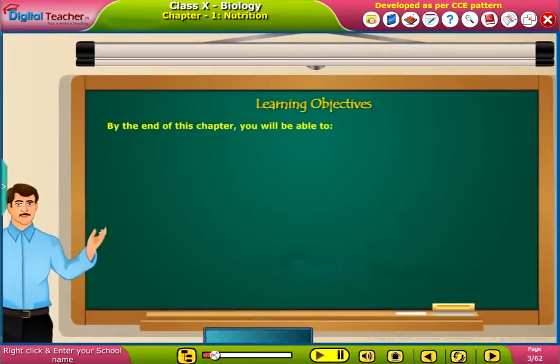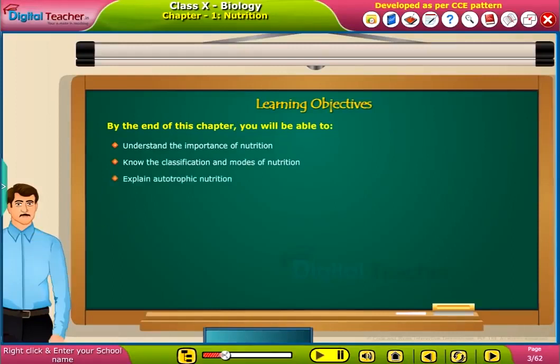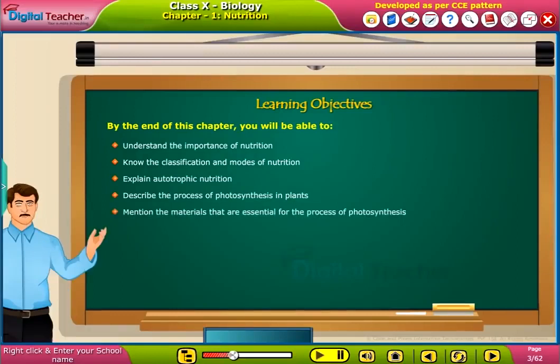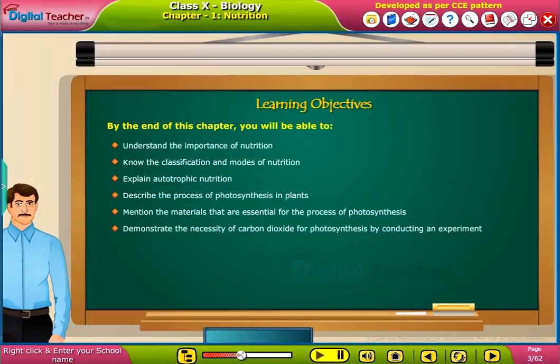By the end of this chapter, you will be able to understand the importance of nutrition, know the classification and modes of nutrition, explain autotrophic nutrition, describe the process of photosynthesis in plants, mention the materials that are essential for the process of photosynthesis, demonstrate the necessity of carbon dioxide for photosynthesis by conducting an experiment.